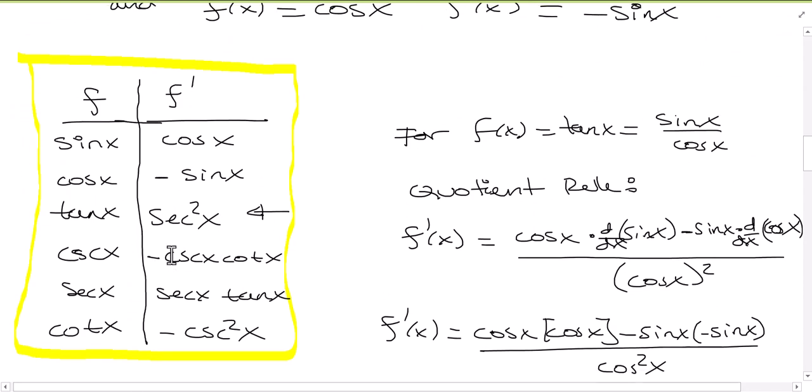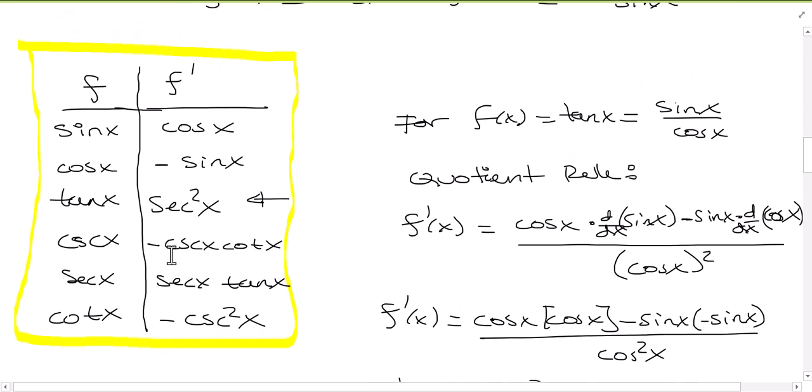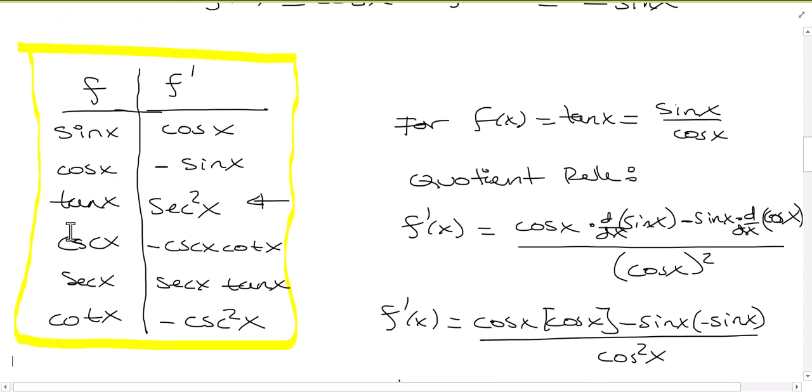And oftentimes I write it a little bit differently, because notice that all the cofunctions, cosine, cosecant, and cotangent, are negative. So all the cofunctions have a negative derivative. And the nice thing also is that the derivative of secant is secant tangent. Add a co to them, right? So add a co, you get cosecant. The derivative is cosecant, and then cotangent.